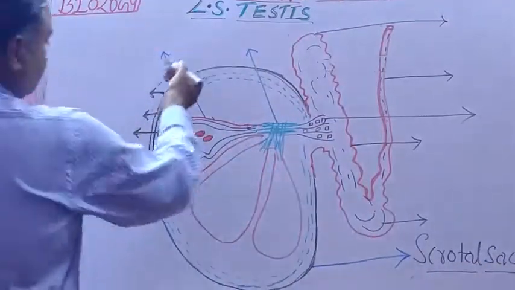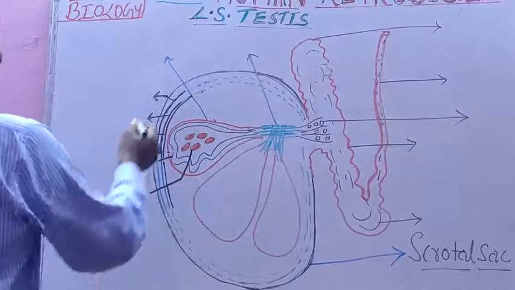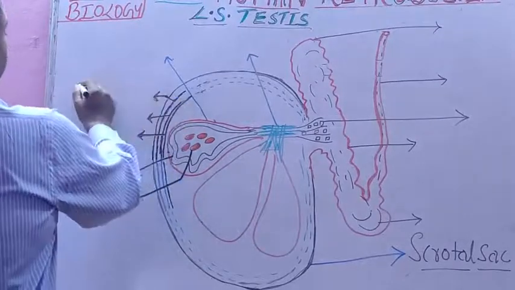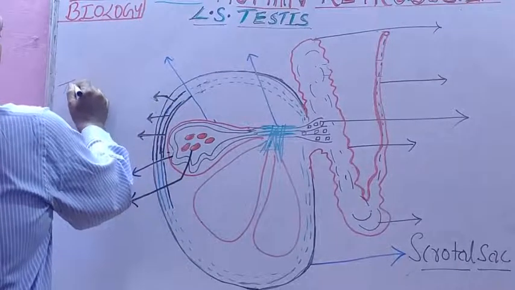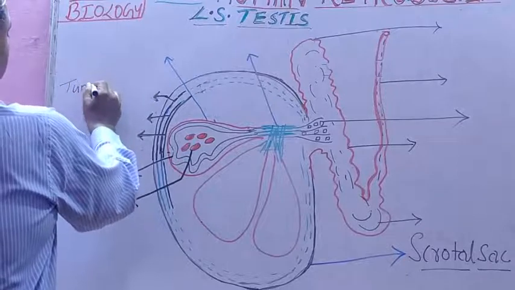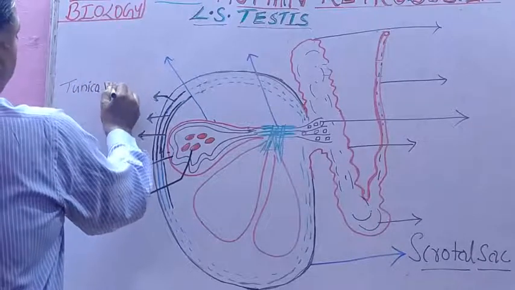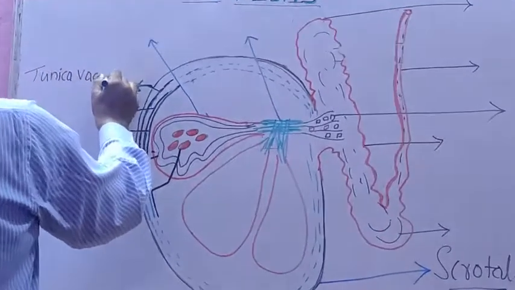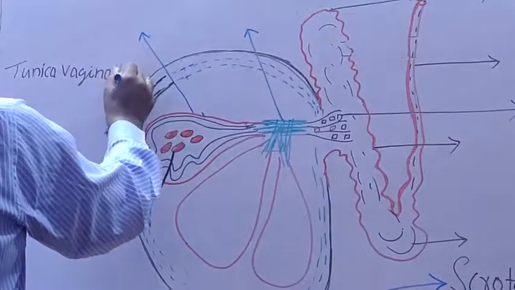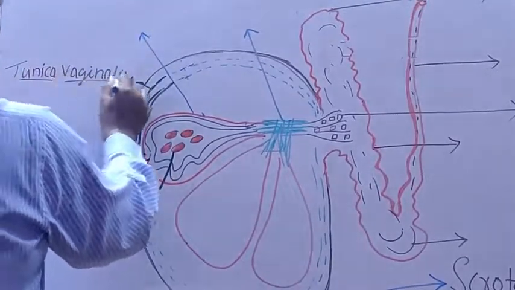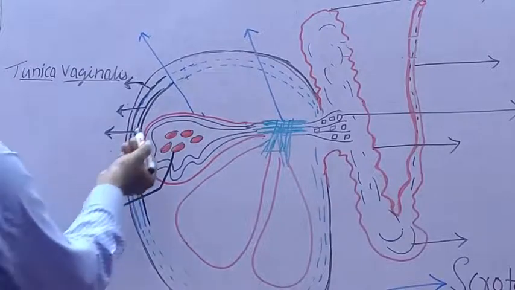Then when we come inside the scrotal sac, this membrane is called tunica vaginalis. The outermost protective membrane is tunica vaginalis.